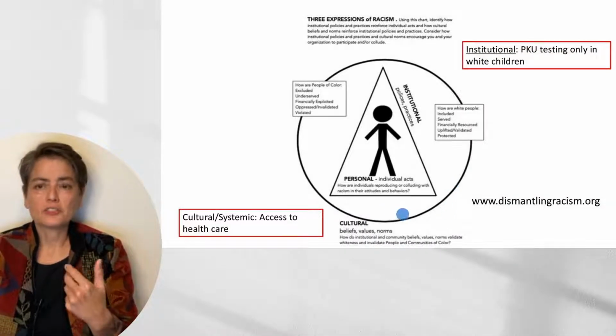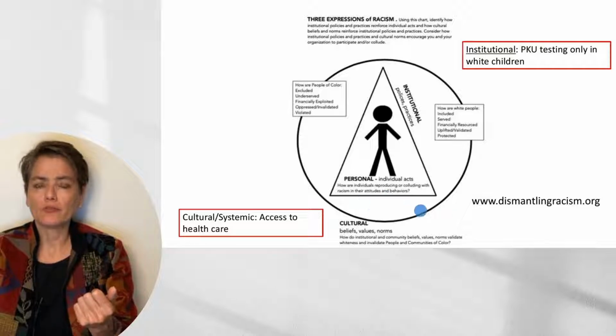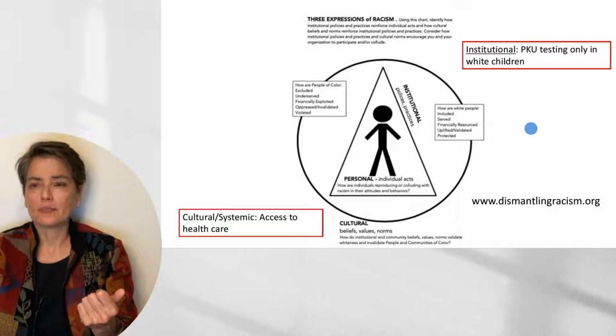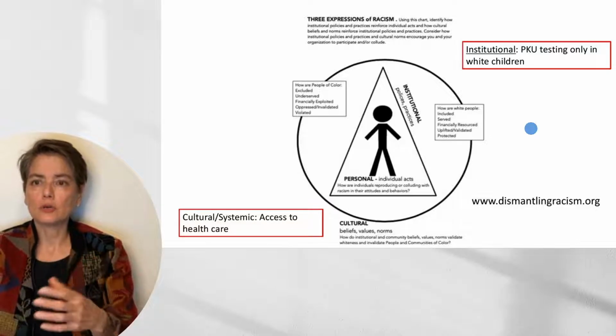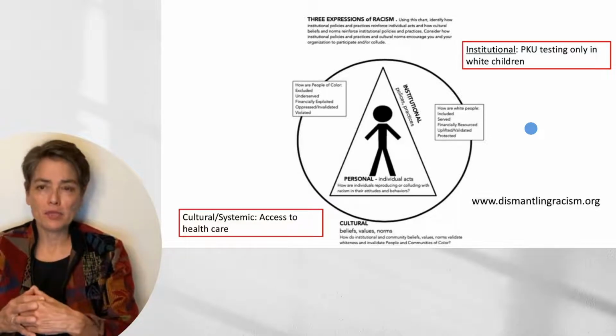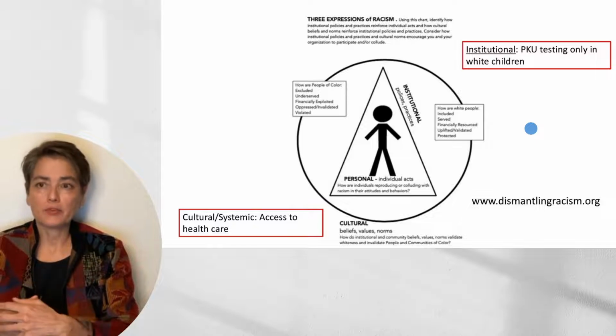Personal racism, of course, is individual acts that, with growing frequency, appear to also be part of institutional and cultural systemic acts. Institutional racism are the policies and practices of institutions like hospitals and universities that include and serve and protect white people, but not people of color.